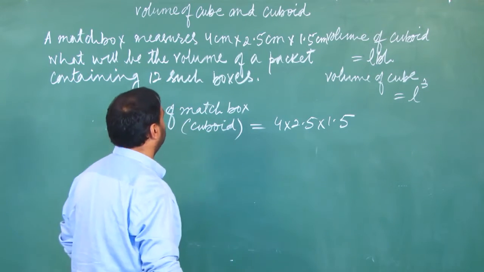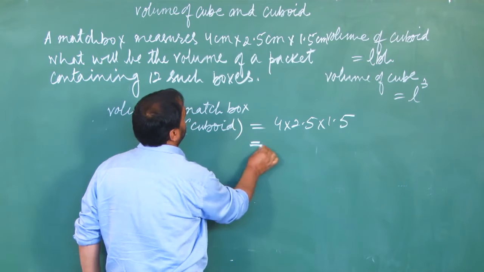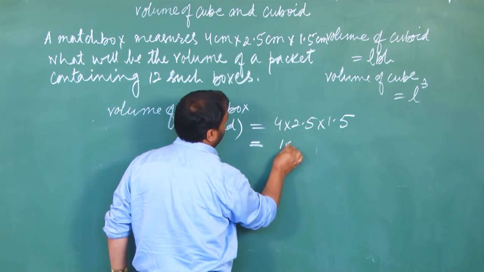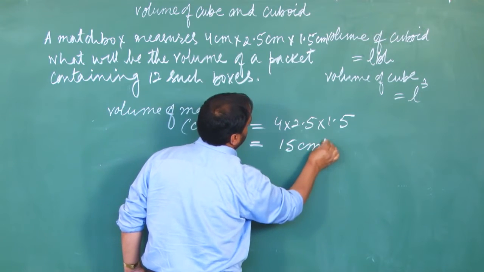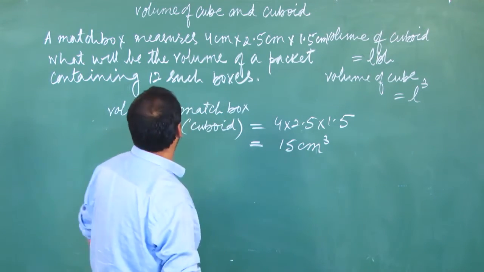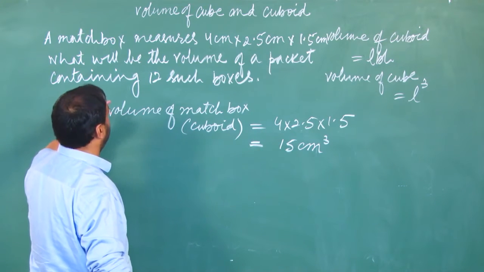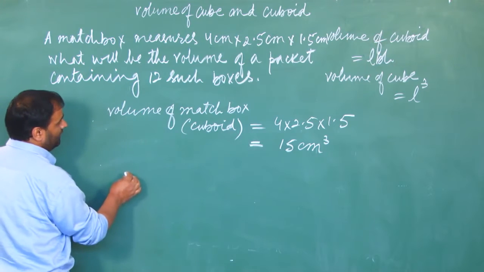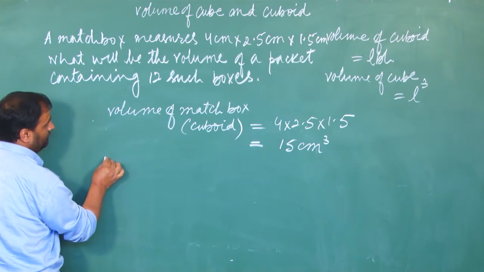Now, multiplying it, we have 4 into 2.5 is 10, into 1.5 is 15. So 15 centimeter cube is its volume. Now, what is the volume of the packet containing 12 such boxes? Volume of one matchbox is 15 centimeter cube.